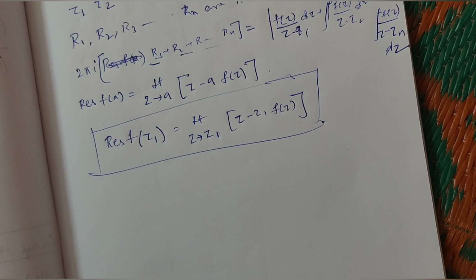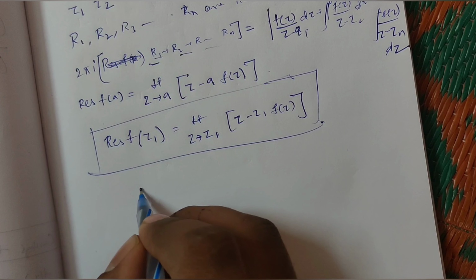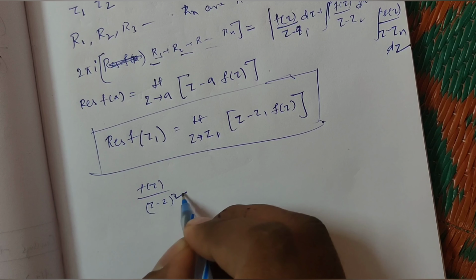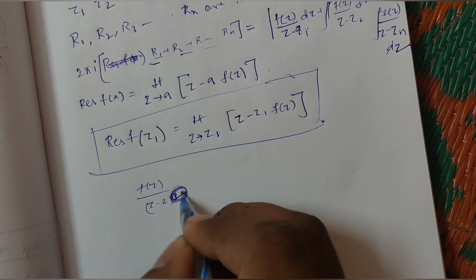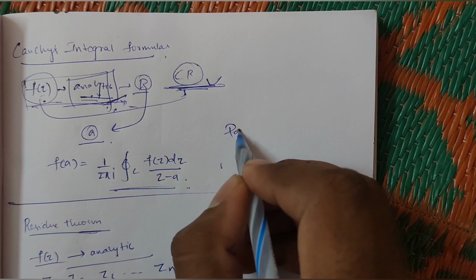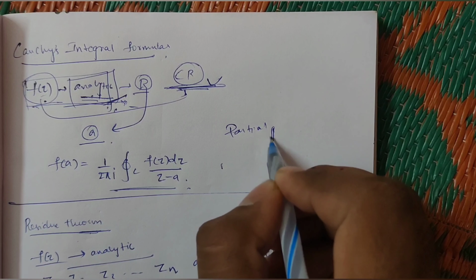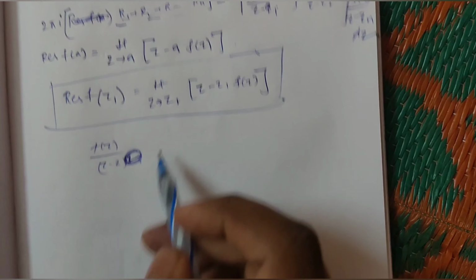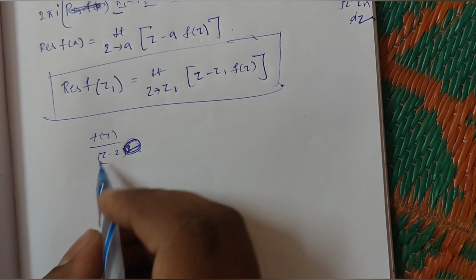If a function is given whose denominator is z minus some a, whole squared, that is a power is given, in Cauchy's integral formula we take partial fractions. But in this case we use a formula.